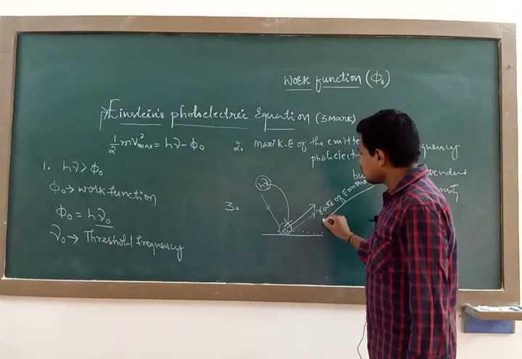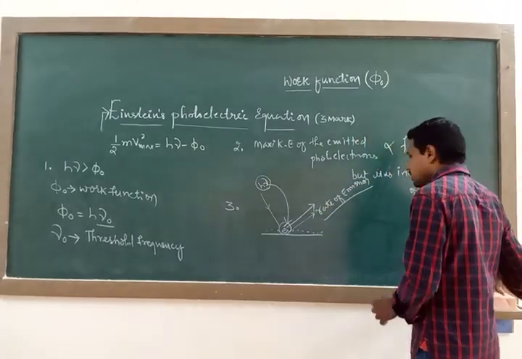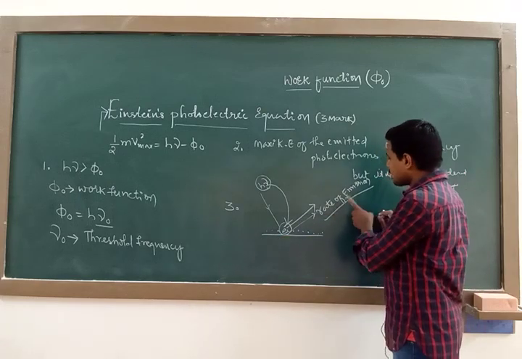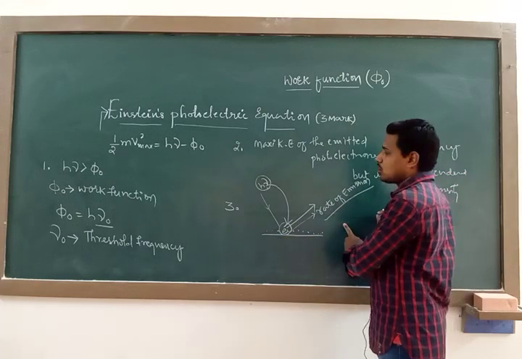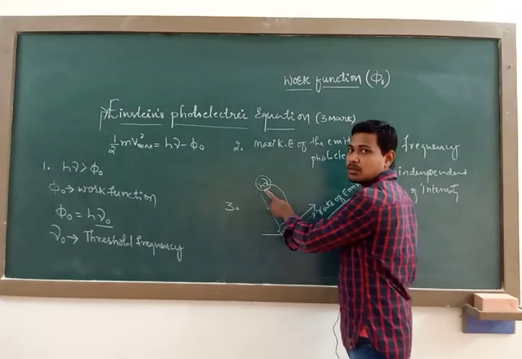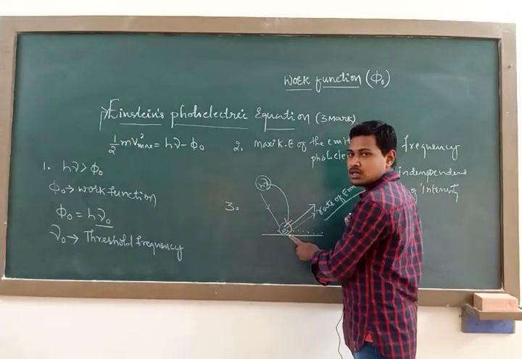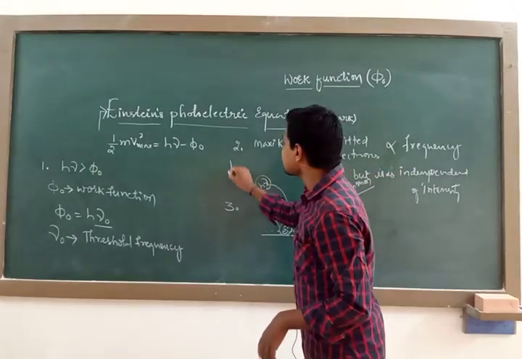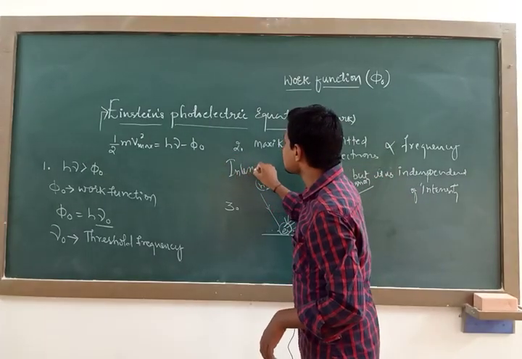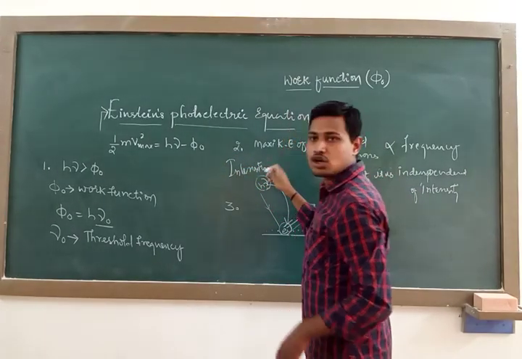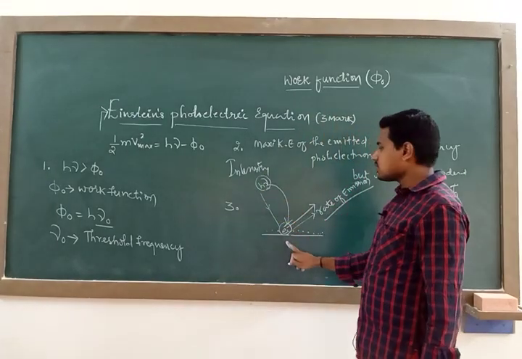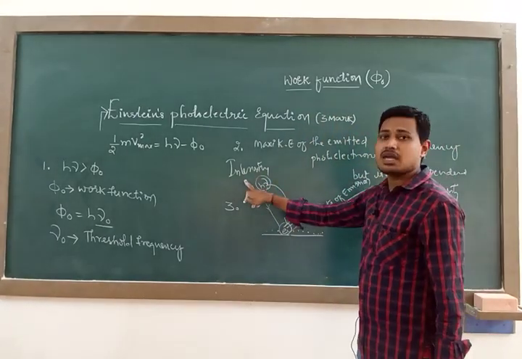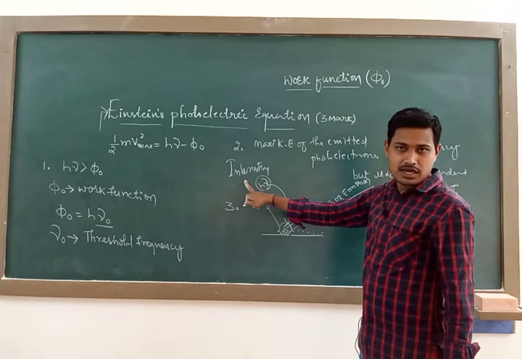Here Einstein explains that the rate of emission of photoelectrons mainly depends upon the number of photons per second, which tells about the intensity. Indirectly we say that the number of photons per unit area per unit second is directly proportional to the intensity of the incident radiation.